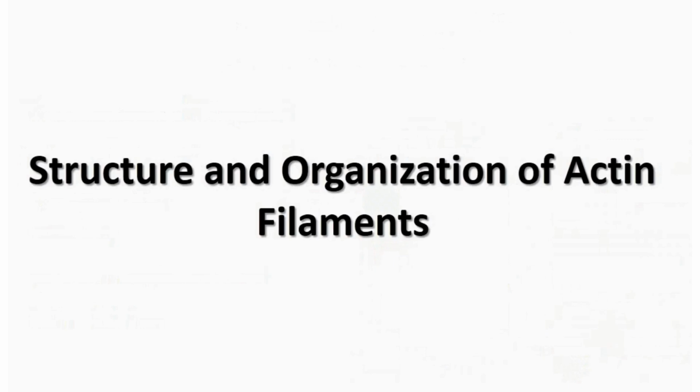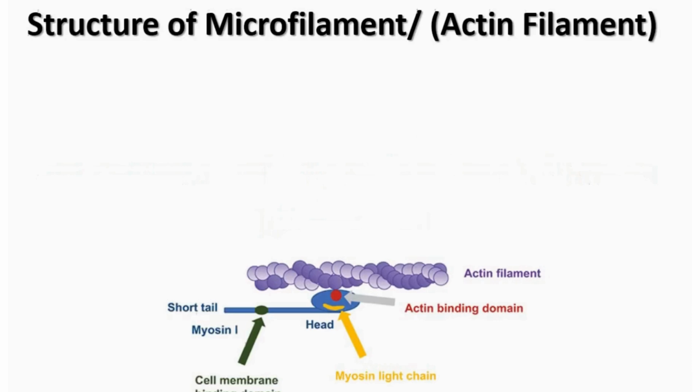So structure and organization of actin filaments, and my example for today is structure of microfilament, the actin filament. If you see the diagram, just like Watson and Crick's double helical DNA, here also you can find twisted or intertwined double stranded structures.